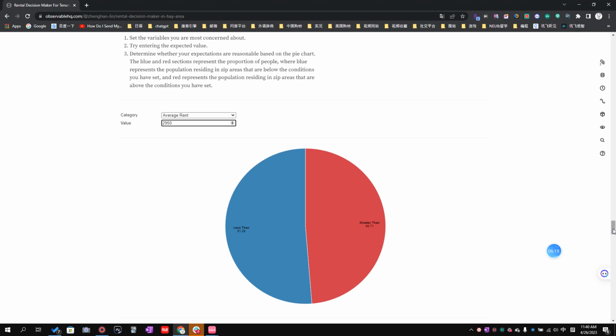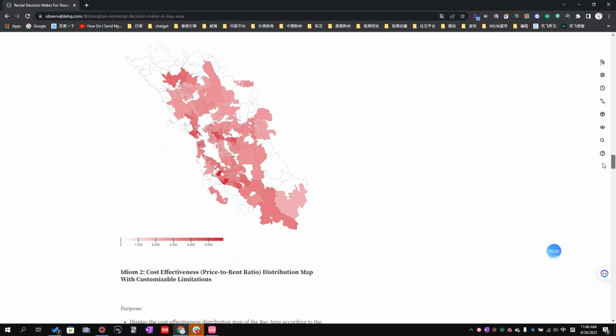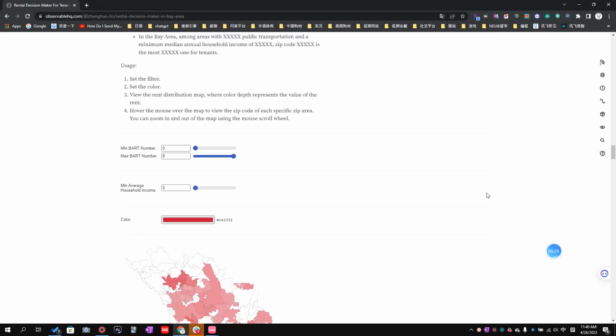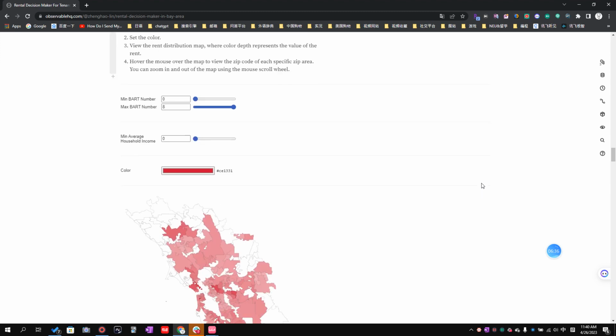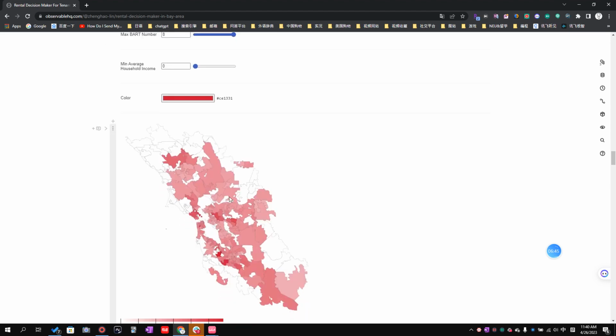After you have decided the reasonable average rent, you can scroll up here. We can get started with the first idiom, the rent distribution map with customizable limitations. You can see each map visualization has a filter at the top and the map visualization at its bottom.